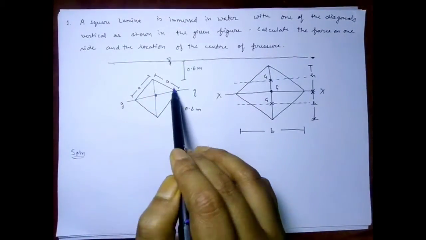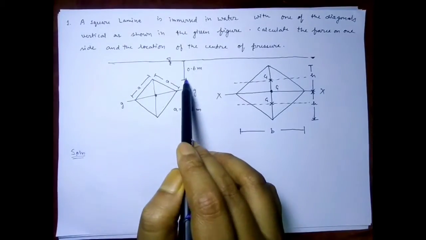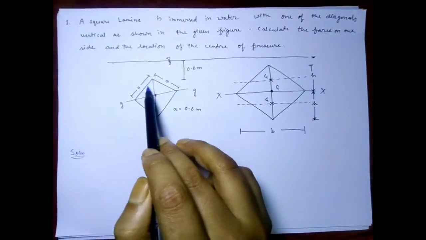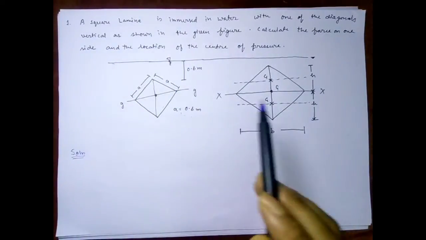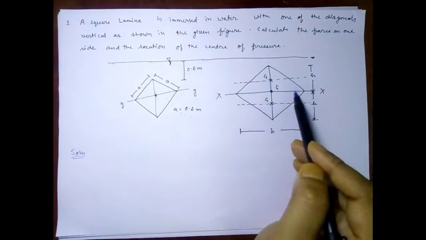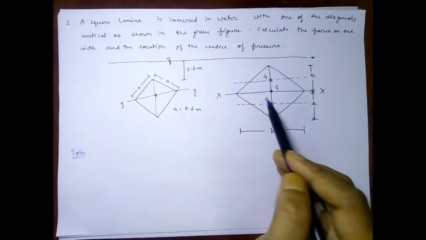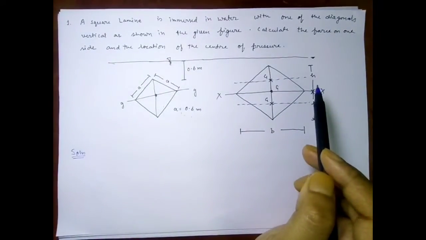The top of the object is at 0.6 meter depth and it has side A equal to 0.6 meter. This is another figure representing the axis of the immersed body. So it is about the x-axis.